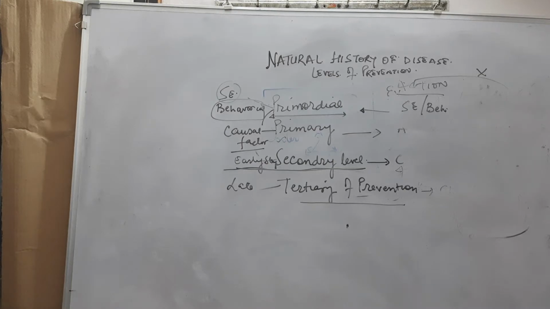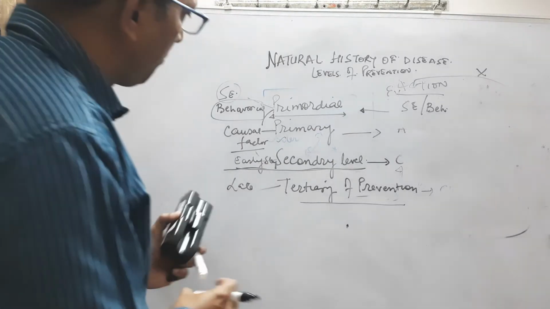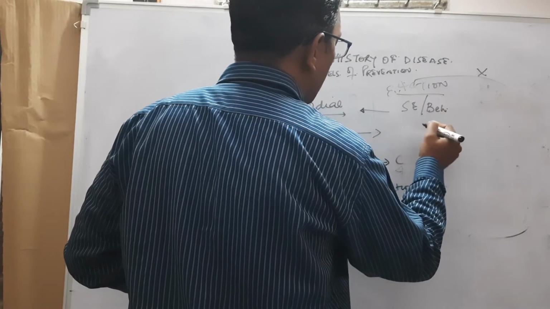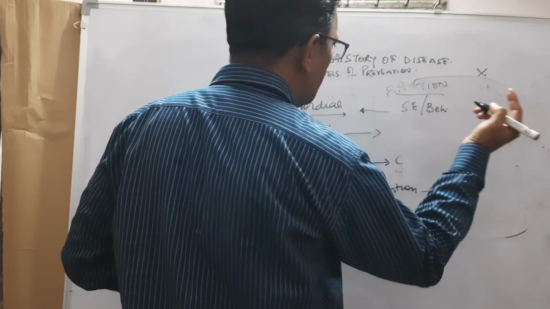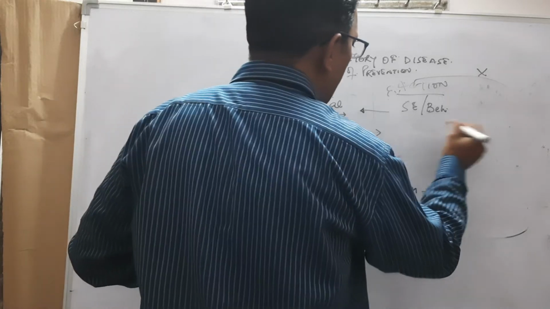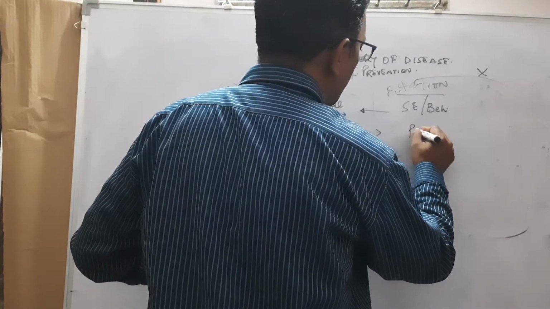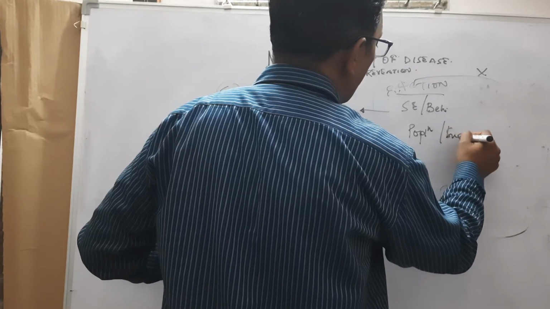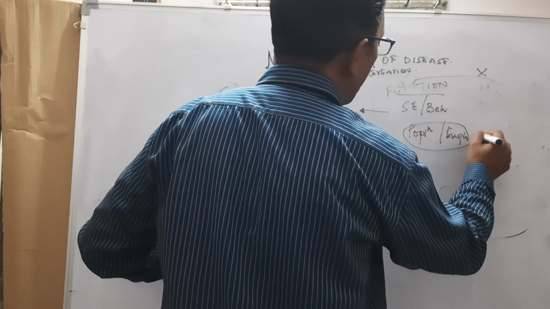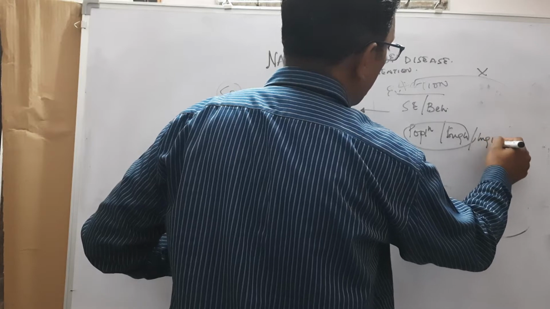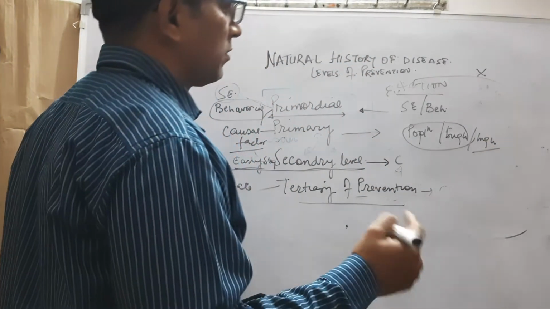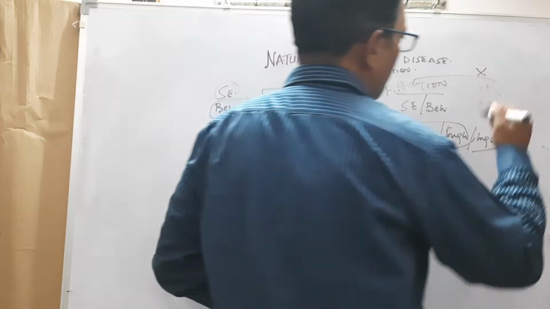At the primary level of prevention, there are two strategies we talk about: the population strategy and the high risk strategy. Here you talk about the population strategy and the high risk strategy, and the target.